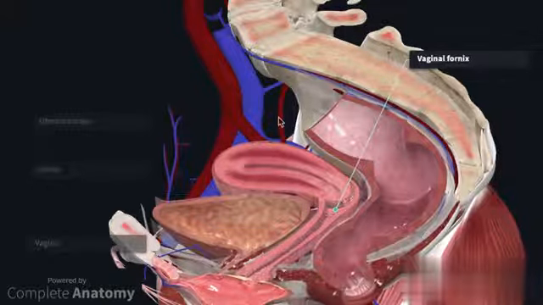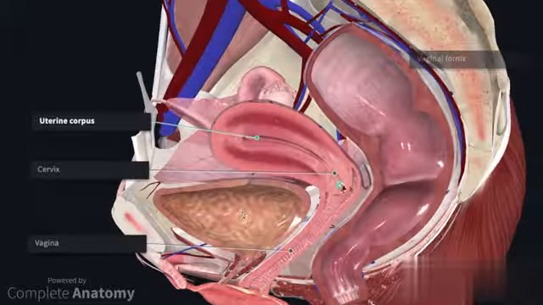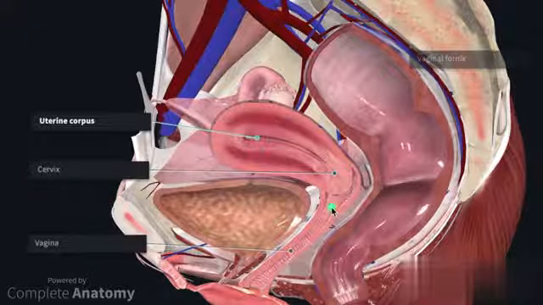The relationship between the vagina, cervix, and uterine corpus are described as a series of angles. These angles are relative to the long axes through the center of these structures. So as we rotate the model, we can see that the cervix here projects into the vagina here.